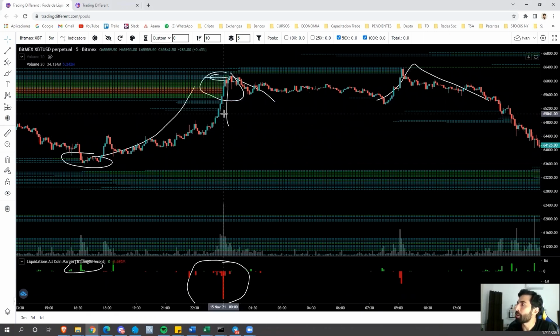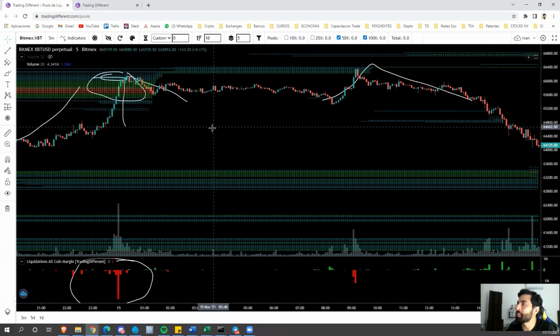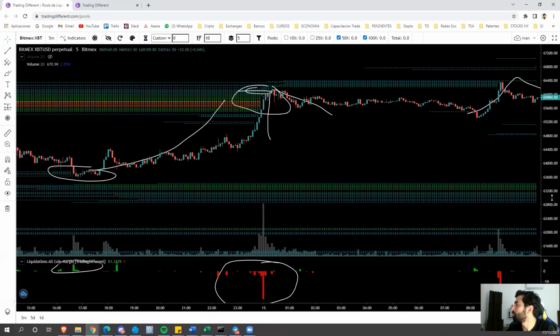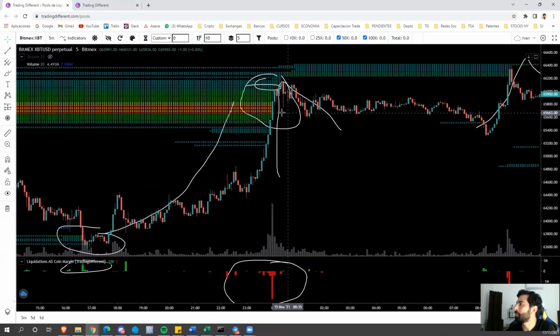Once it finished sweeping the pool in this candlestick here, look at where the largest volume of liquidity is built: it is in this 5-minute candlestick. Let us zoom in a little to see better. Okay, it is in this candle. Here, where I am positioned, is the candle with the largest volume of liquidity, and down there at the top edge of the indicator it shows us 2.6 million. See here.